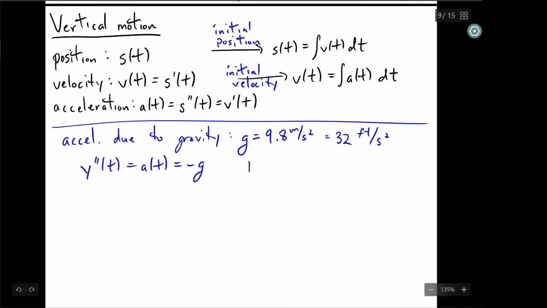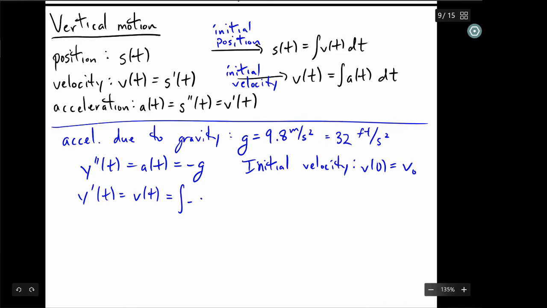Okay, let's say we give it an initial velocity. At time 0, v is, we'll call it v naught. Then y prime of t, which is v of t, I get by doing this antiderivative of negative g dt.